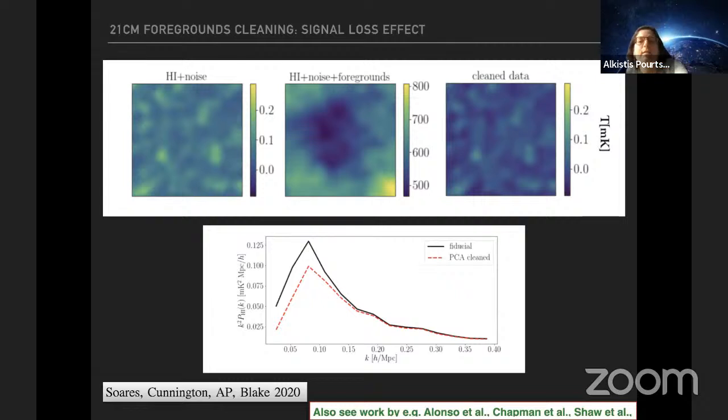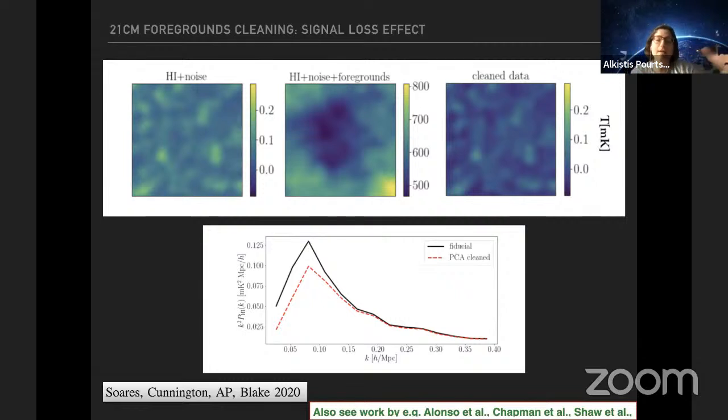And then you clean it. We have used principal component analysis here, but we could also use Gaussian processes, ICA or whatever. The cleaning works. You get rid of these very high amplitude, smooth components, but inevitably you lose some signal.